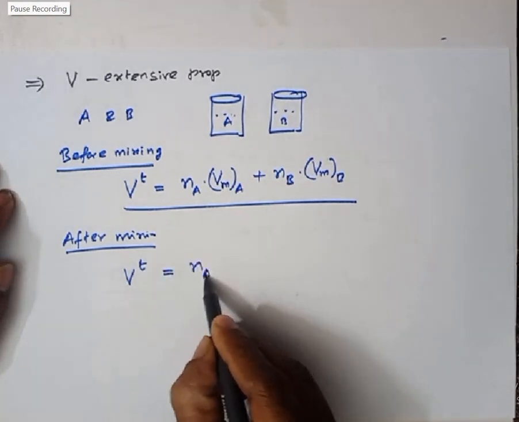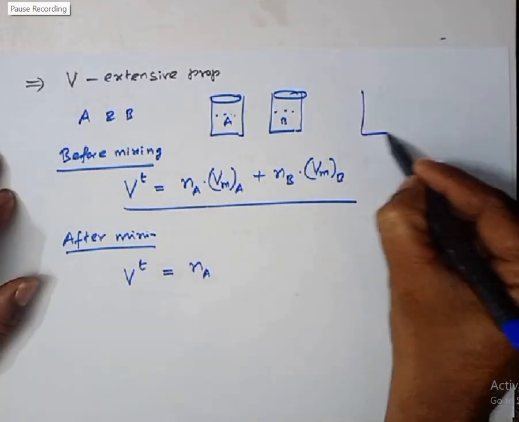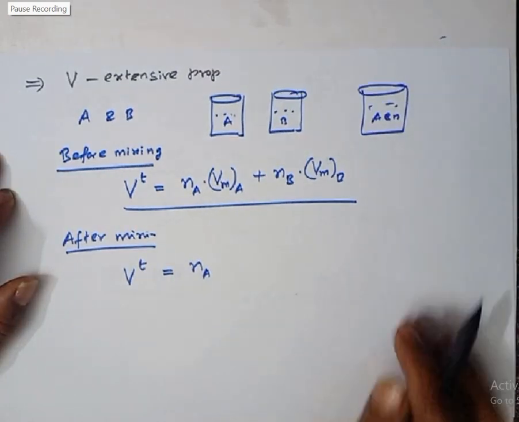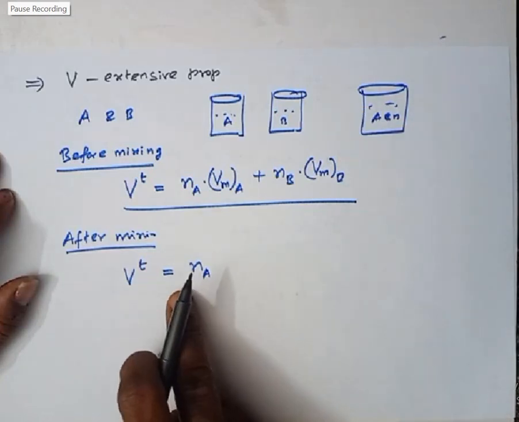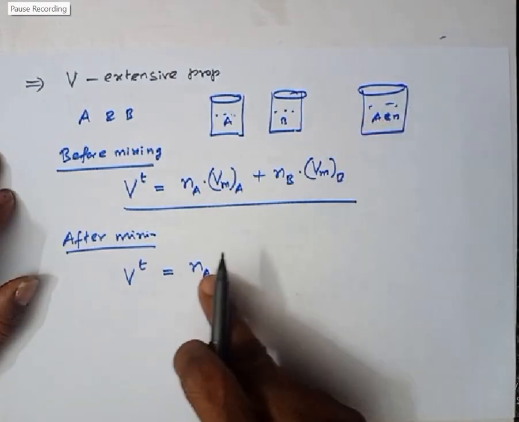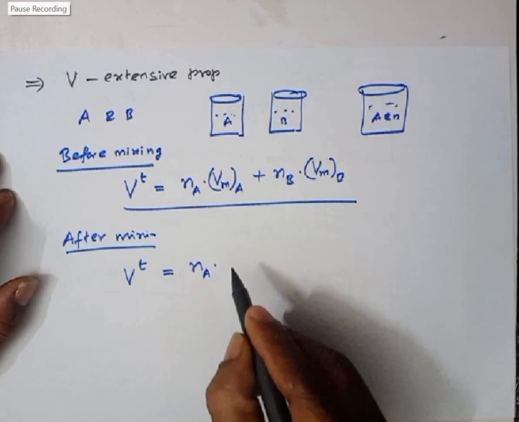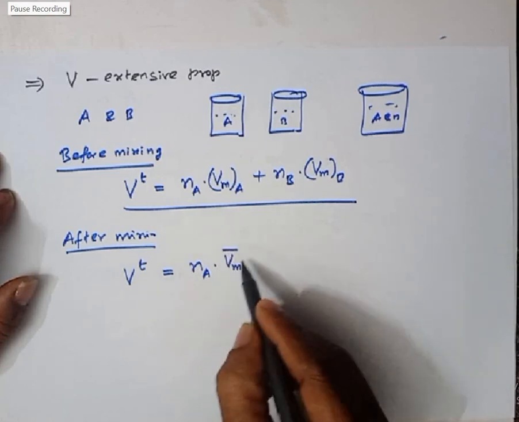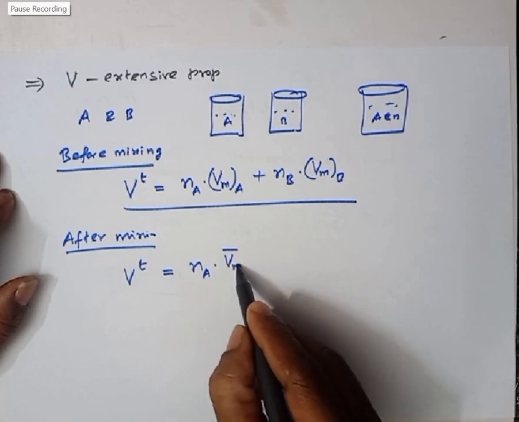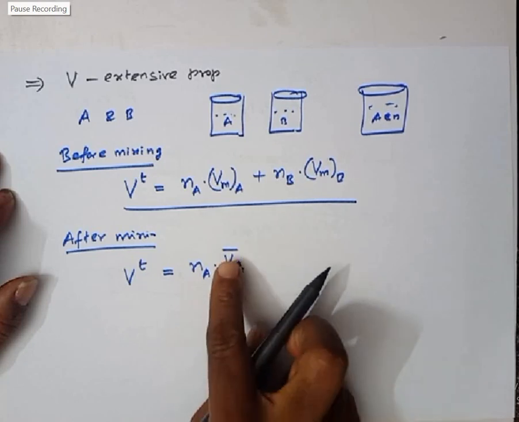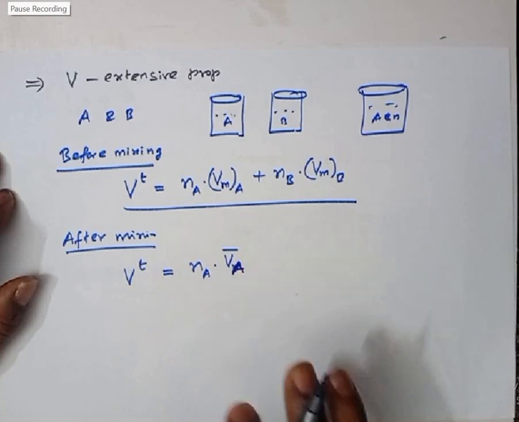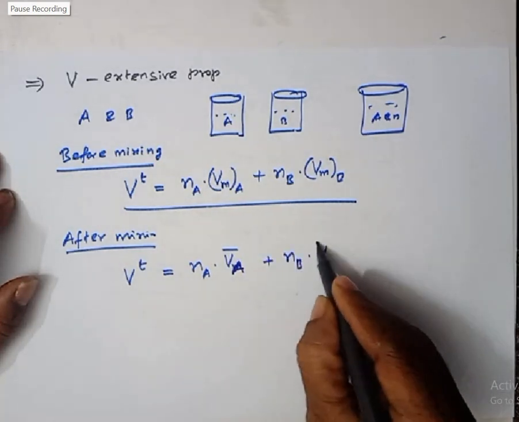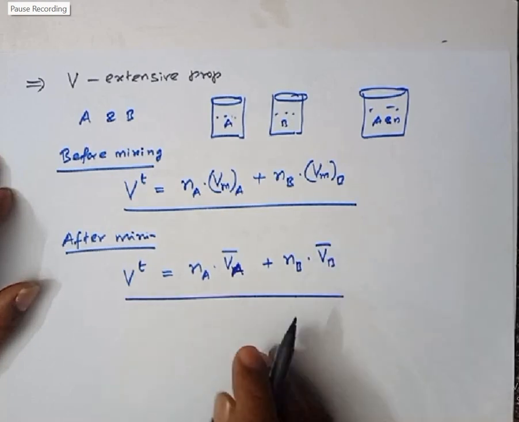You take the same number of moles of A. Now I am having a mixture, both A and B. In the mixture, the total volume is equal to the number of moles of A into the partial molar volume of A, written V bar A, plus the number of moles of B into the partial molar volume of B. Take note.